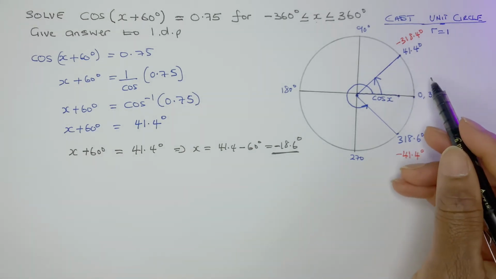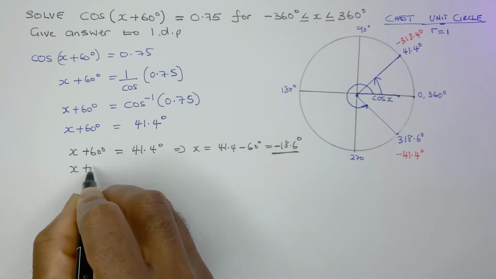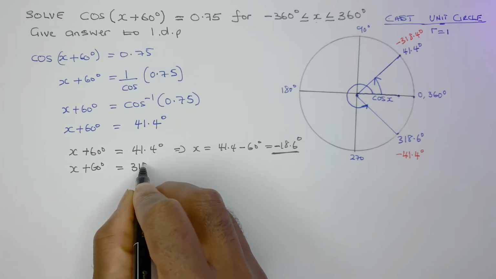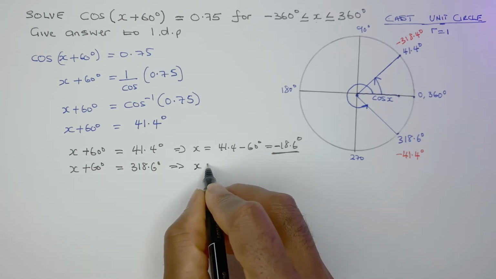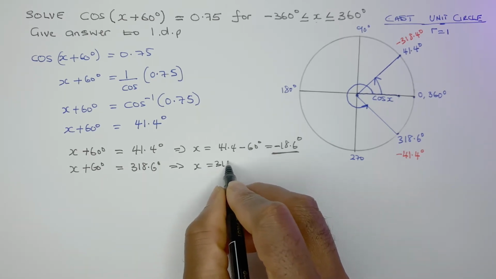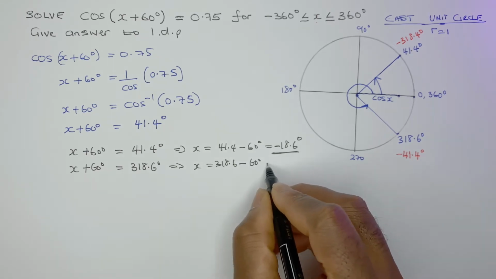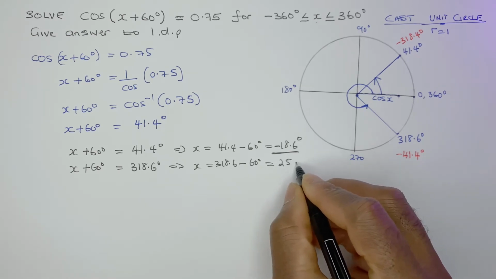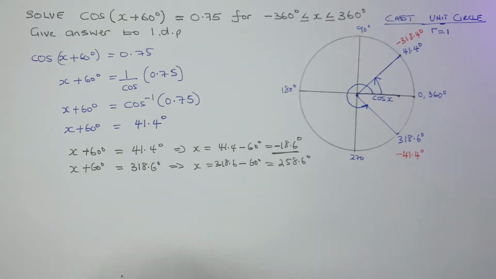The second result will be that one here: x + 60 degrees equals 318.6 degrees, which implies that x equals 318.6 minus 60 degrees, and that would be 258.6 degrees. So that's the second value we need.